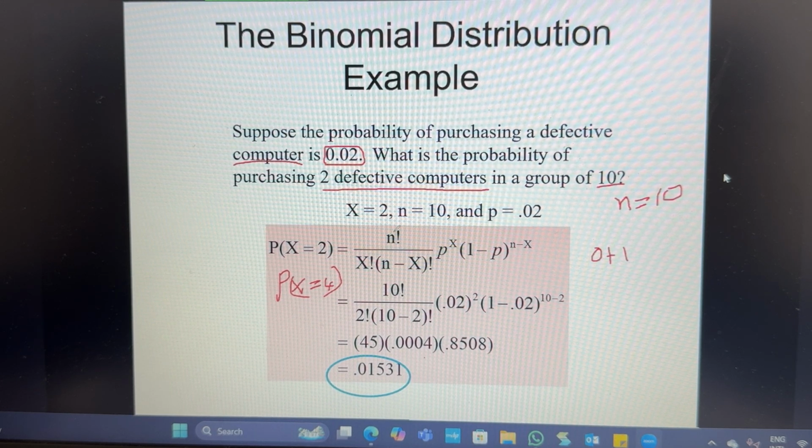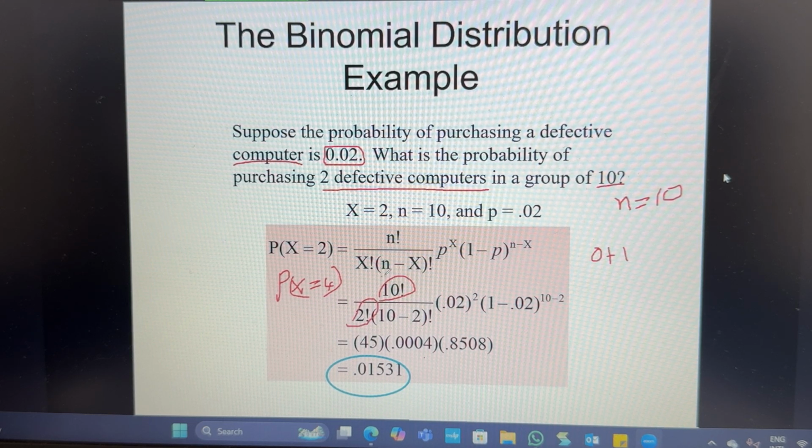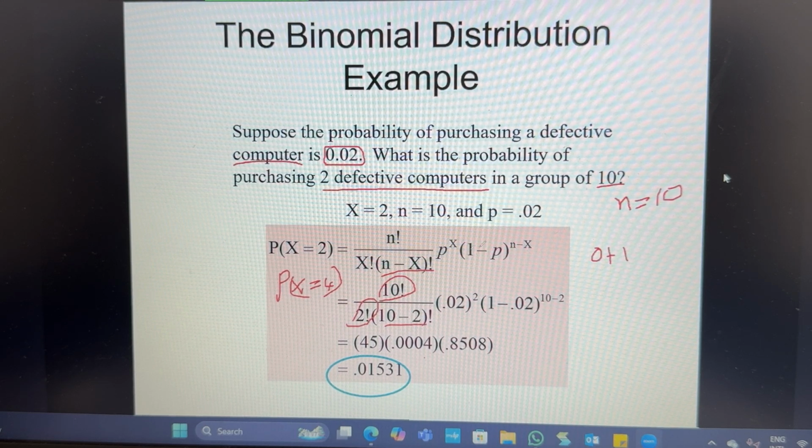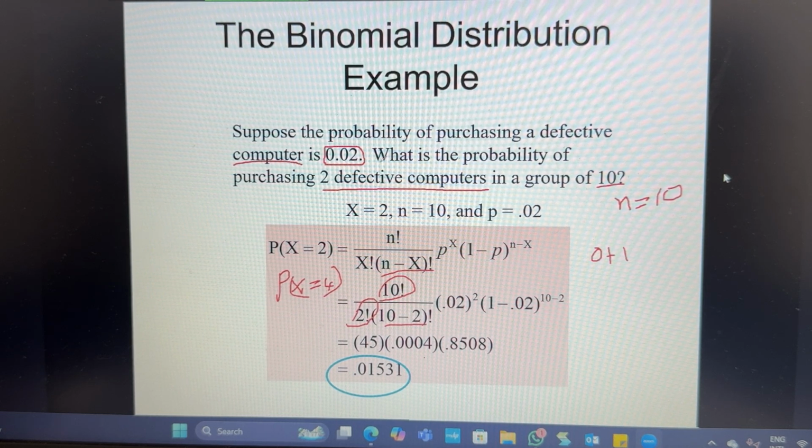In this case it's only 2. So n is 10 factorial. You substitute the values: x is 2 factorial, n minus x factorial is 10 minus 2 factorial. The probability of a defective computer is already defined, 0.02.